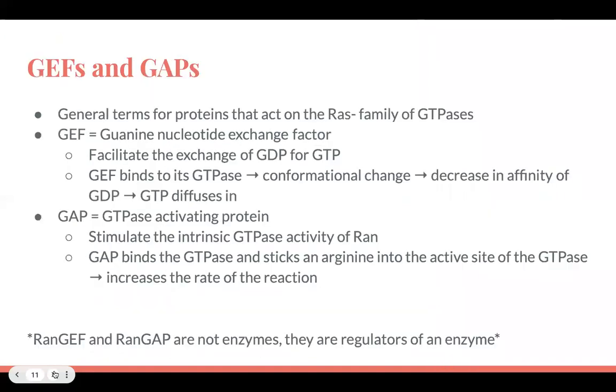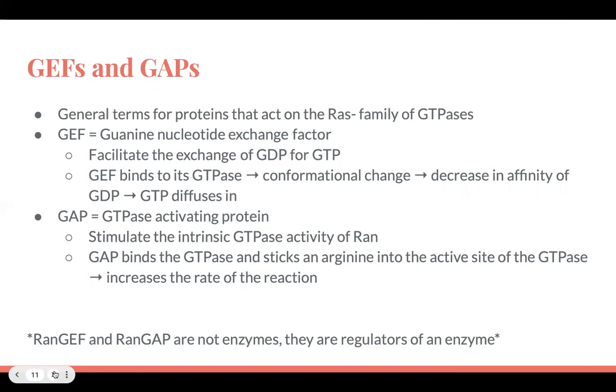We went over it in both import and export, but here is a more generalized slide for the roles of GEF and GAP. They're both proteins that act on the RAS family of GTPases. An important thing to note, she may ask on an exam or even the final, she'll give proteins and ask which are enzymes and which are not.